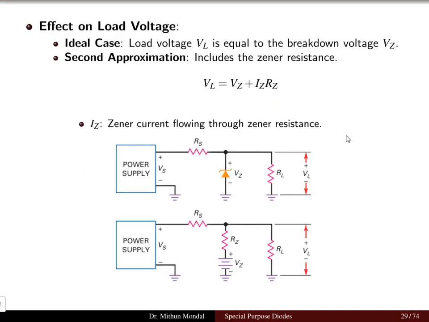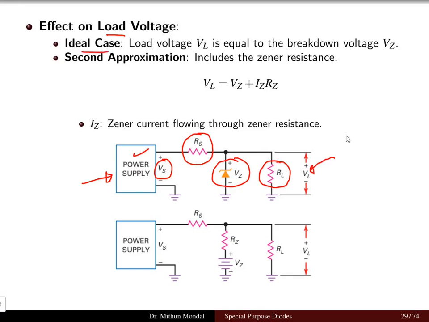Let us see this effect on the load voltage. In the previous lecture we have seen the use of Zener diode as voltage regulator, where the Zener diode is connected to the power supply whose output is Vs and there is an internal resistance Rs. We connect a load at the output, that is RL, and the voltage across the load is VL.